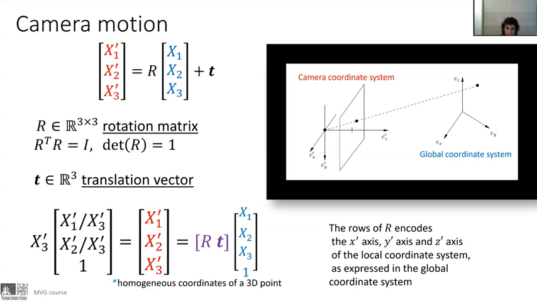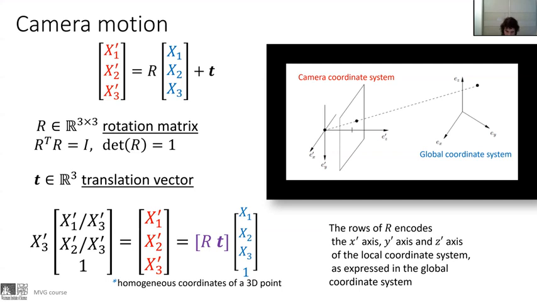Because you would like to understand how you project your 3D point to some local coordinate system, to some camera. You have many cameras, and each camera is given in its local coordinate system. You have to move between some global reference and the local reference and back. Otherwise, you won't get something consistent and coherent to understand what is happening.